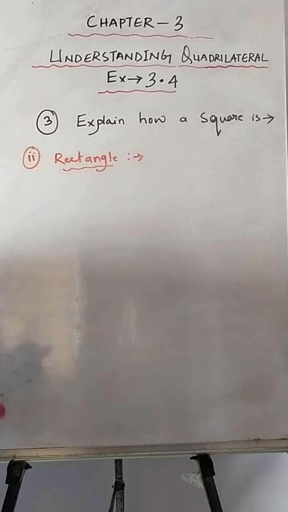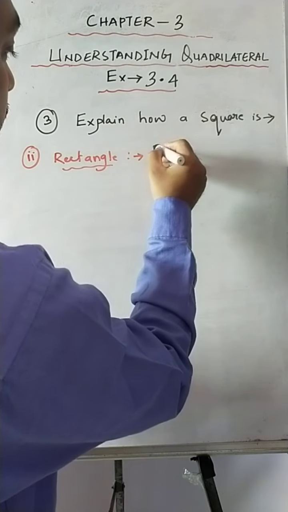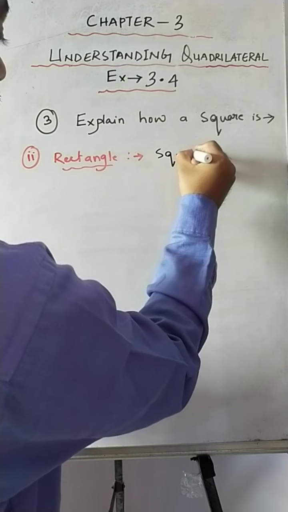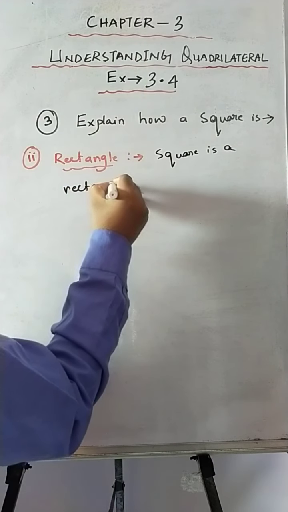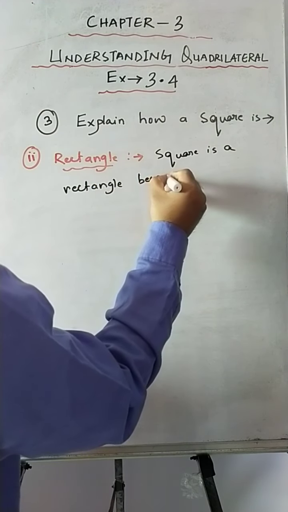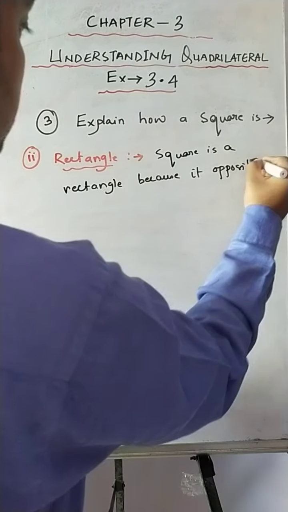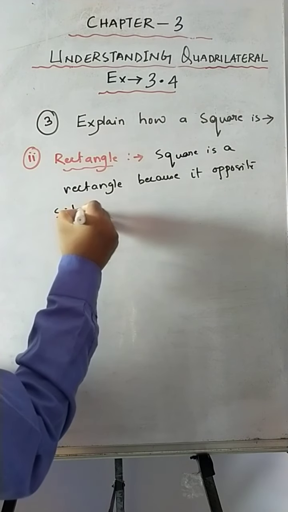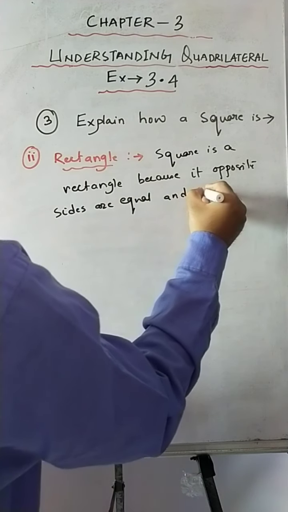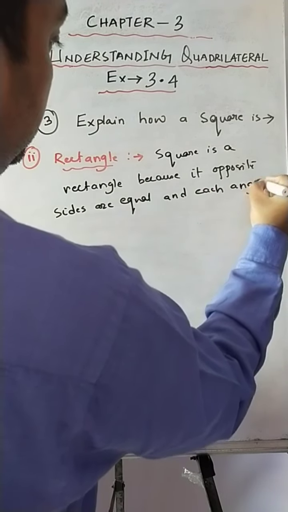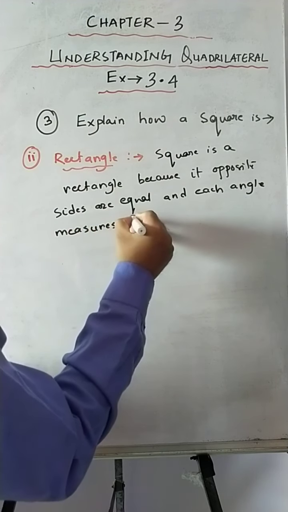So square is a rectangle. Why? Because each angle measures 90 degrees. So you can write one property that square is a rectangle because its opposite sides are equal, and each angle measures 90 degrees.